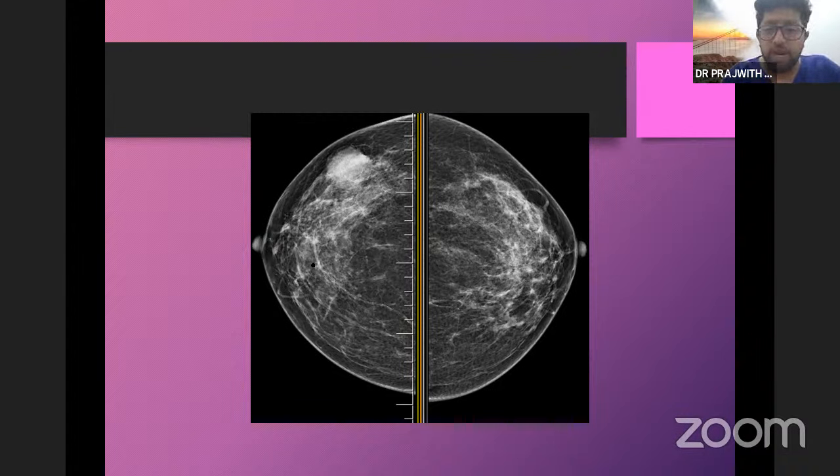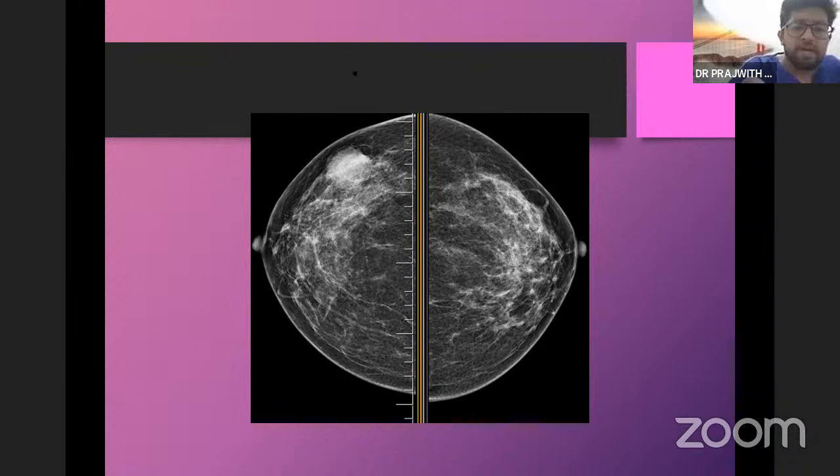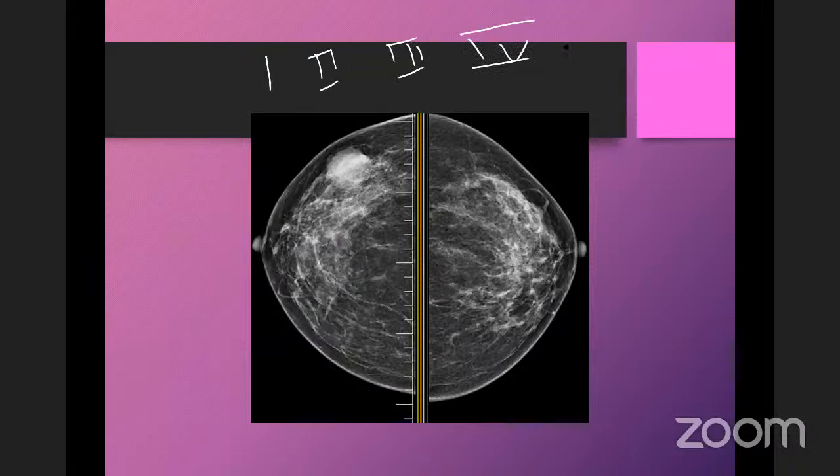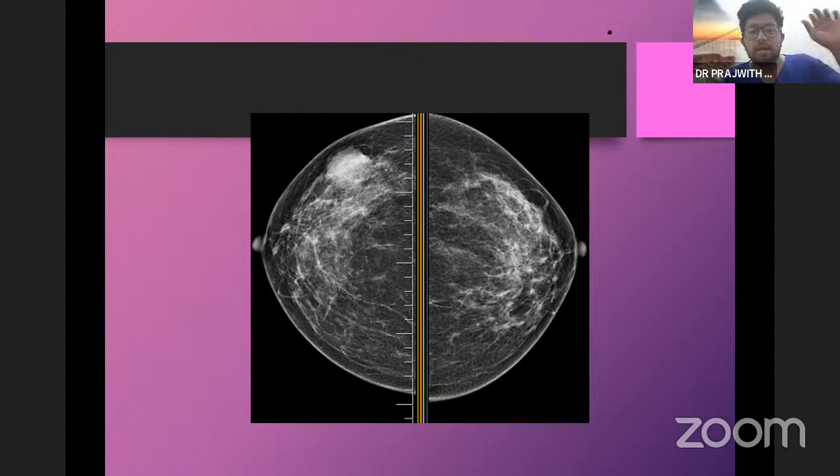All these features that I described favor what? It's malignant. Out of BIRADS, which category? Mainly we have to talk about 1, 2, 3, and 4. It is 4. So you can tell right upper outer quadrant breast lesion, BIRADS 4.